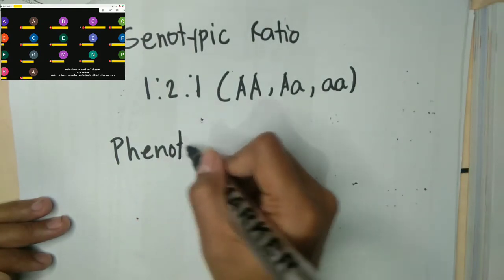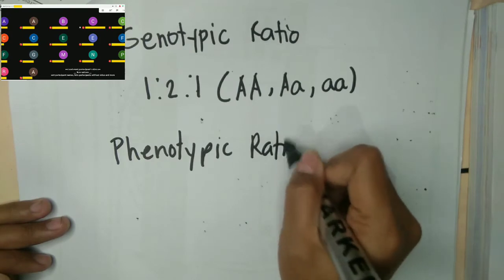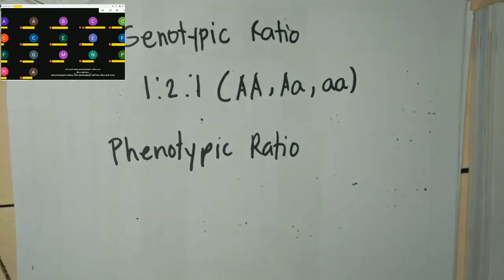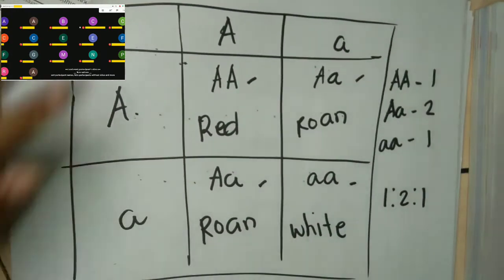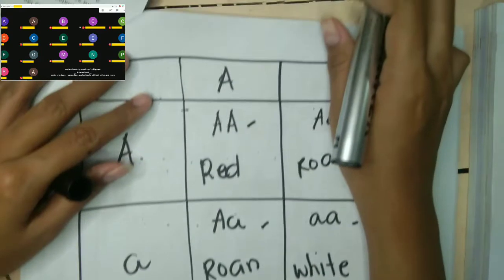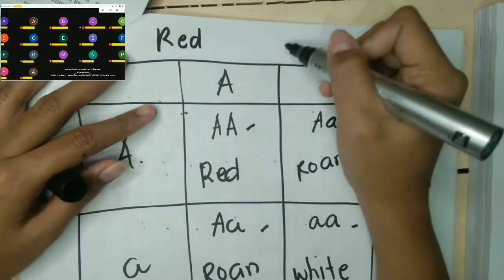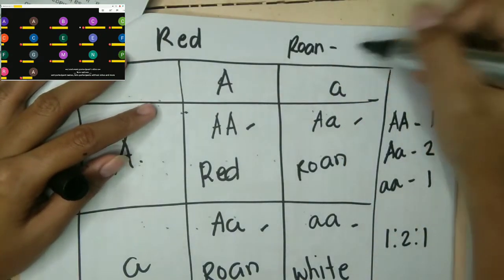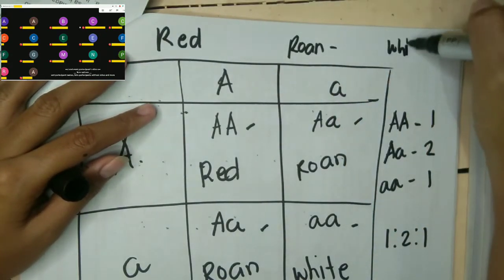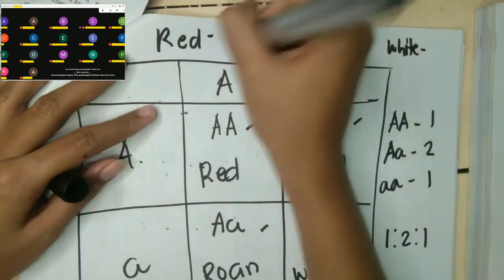For the phenotypic ratio, we have, everyone follow? Okay, we have red. We have to tally the outcome, okay? We have red, roan, and white.